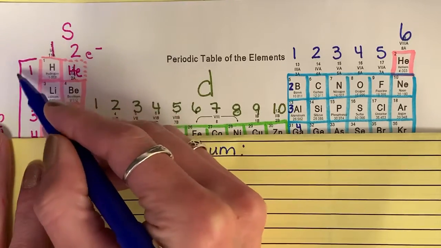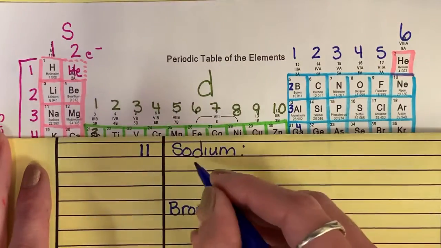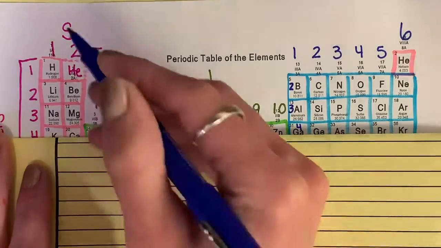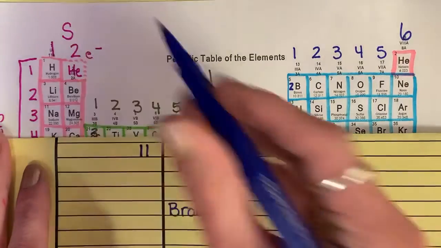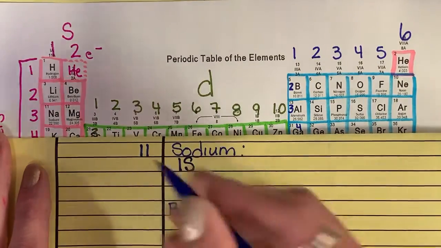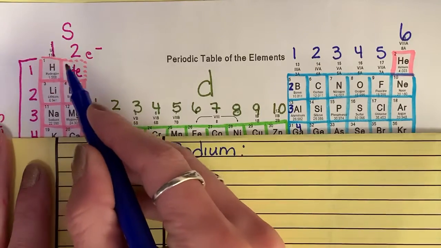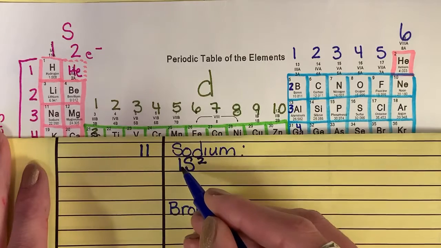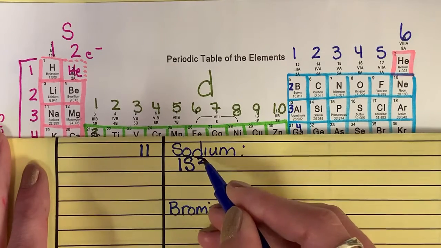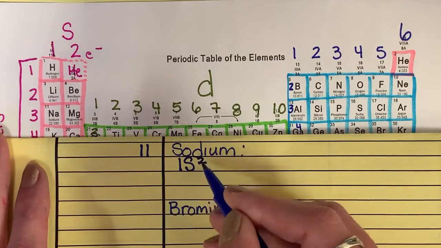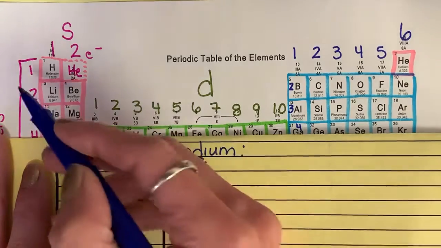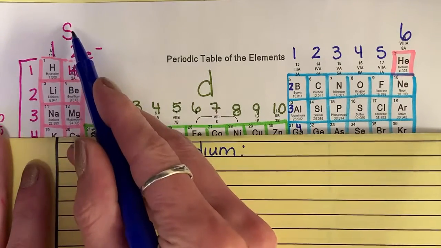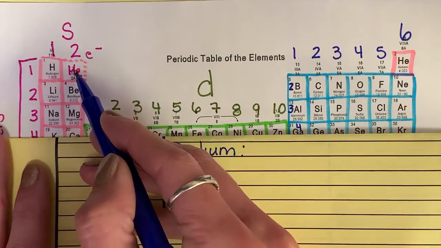So my orbital energy level 1 is shaped like an S. It can hold 1, 2 electrons. So number, letter, number, and the last one's raised as a superscript. So this is 1s with 2 electrons.